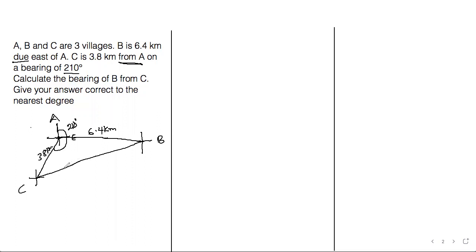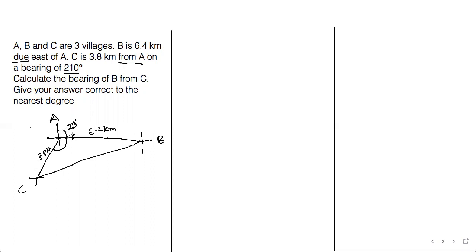I need to calculate some angle before I can solve it using either sine rule or cosine rule, because the triangle we have is not a right angle triangle. Clearly, we can see that. From here to here is 210, and we know that from here to here is 90 degrees.